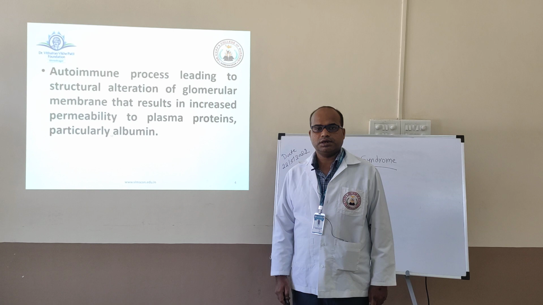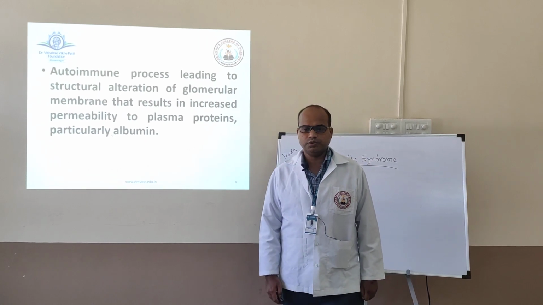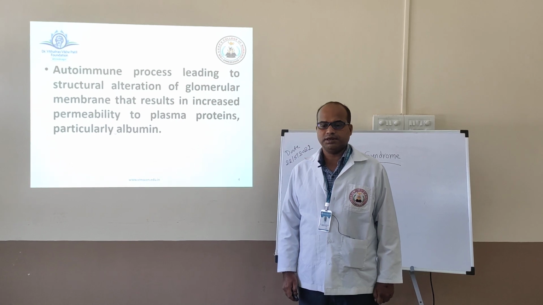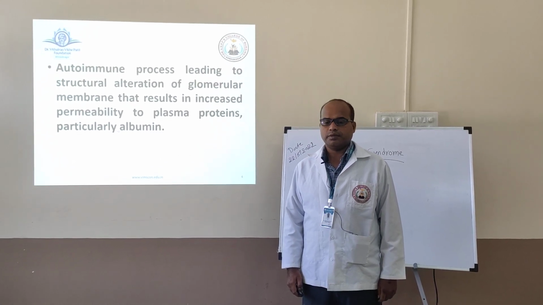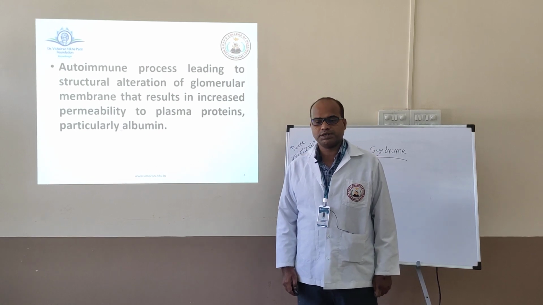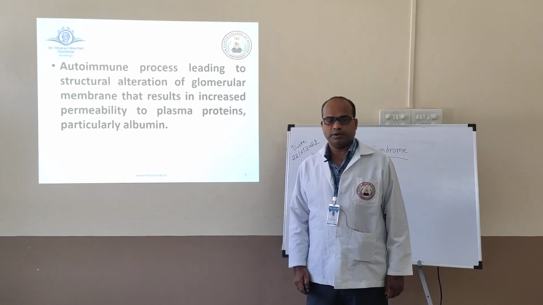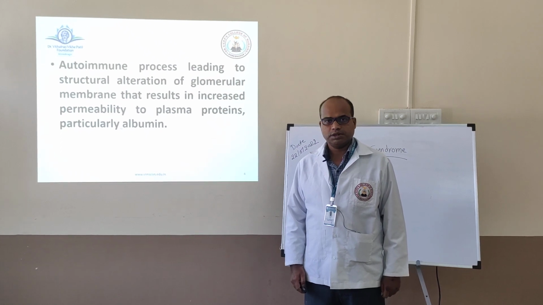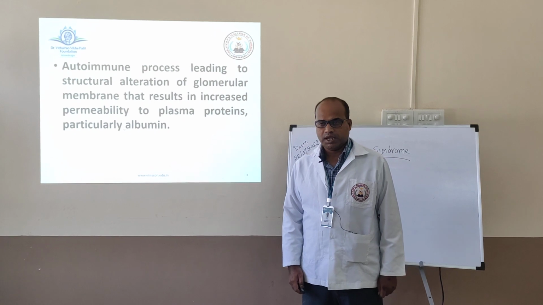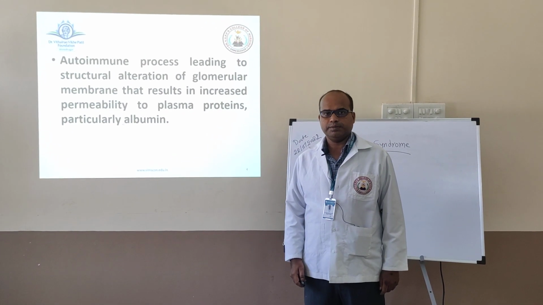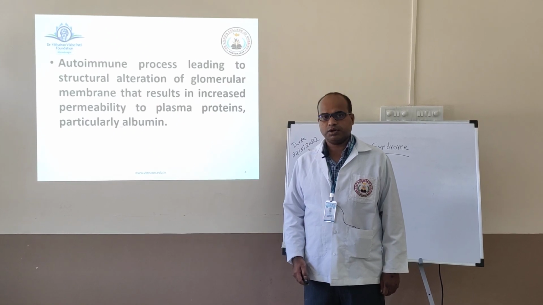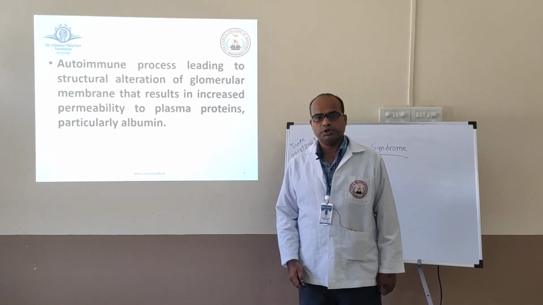This is particularly an autoimmune process which leads to structural alteration of the glomerular membrane, resulting in increased permeability of the glomerular membrane to plasma proteins, particularly albumin, because of which protein is lost through the urine from the body. It leads to hypoalbuminemia, as there is deficiency of protein in the blood. It occurs because of the loss of protein through urine.